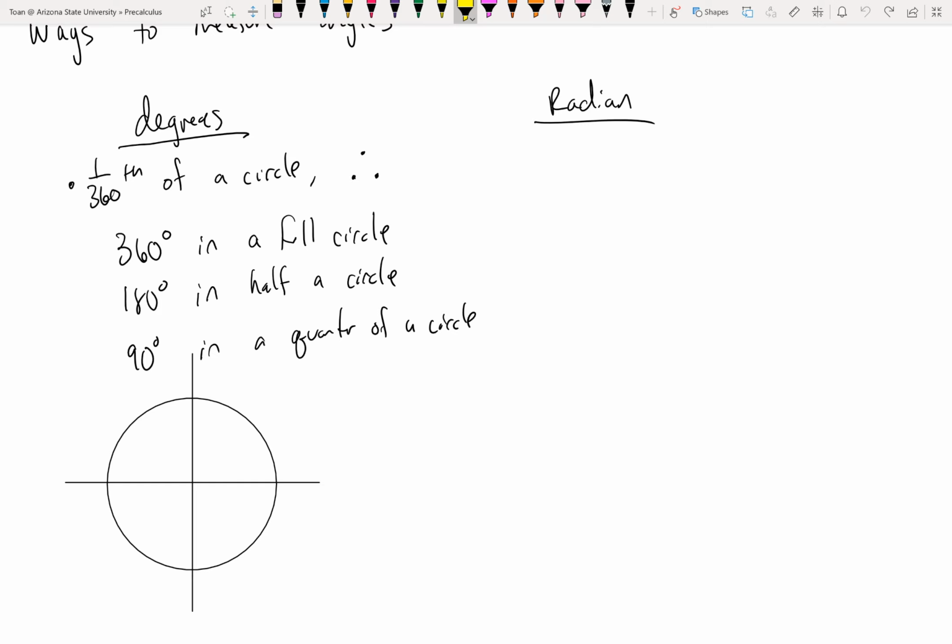But where does this idea of a radian come from? Well, radians are less arbitrary. They're not made up. Radian measurements actually come from physical attributes of a circle.